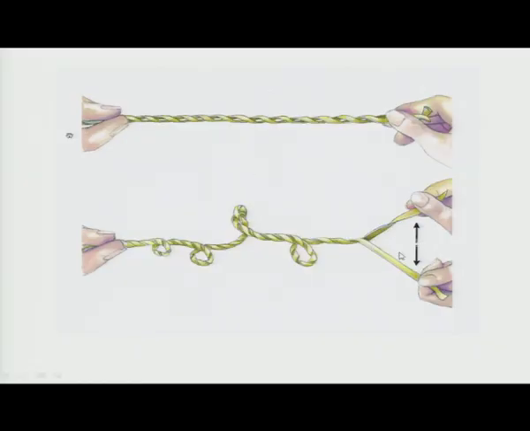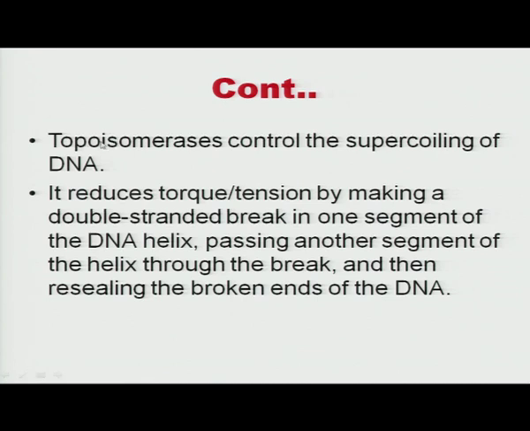Now, when the DNA is being unwound, when the strands are separated during replication, supercoilings are formed in the DNA, and these supercoilings may inhibit the process of DNA replication. So, how can these supercoilings be removed? These supercoilings will be removed by the enzyme topoisomerase, one of the DNA gyrase enzymes.